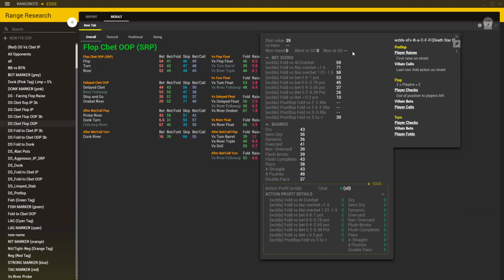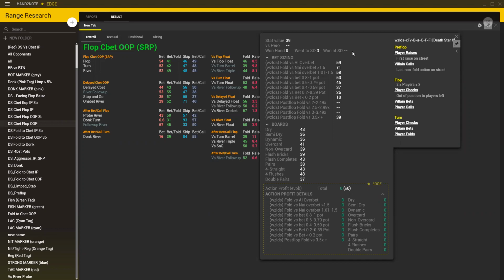And what that means is it's going to have an impact on villain's folding frequency, because when hero has the stone cold nuts, it basically means it's harder for villain to defend because some of the good cards are in hero's hand. So what essentially happens is when we have a very good hand, the population is going to fold slightly more. When we have a slightly more speculative bluff, the population is going to be defending slightly more often.